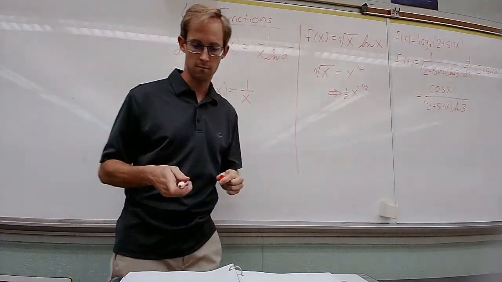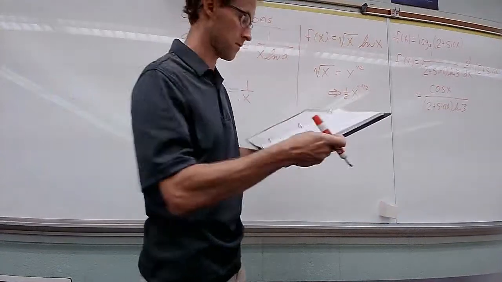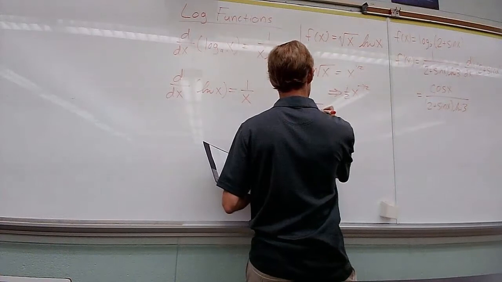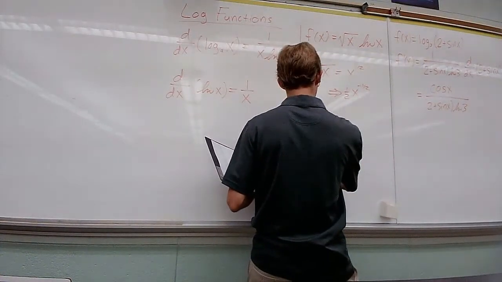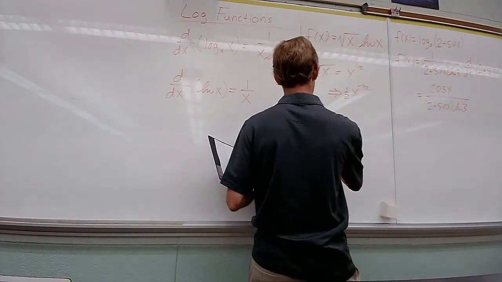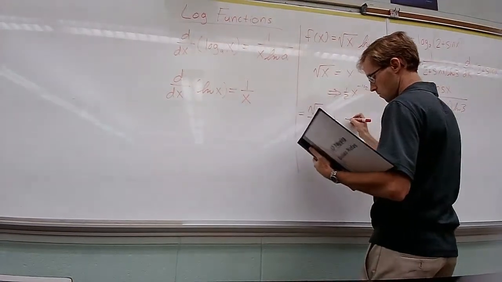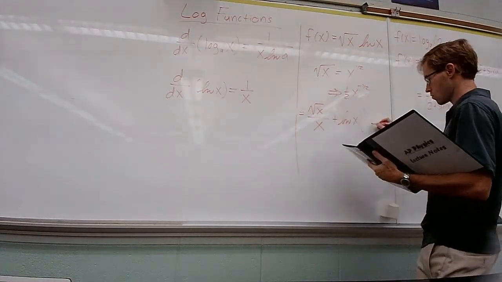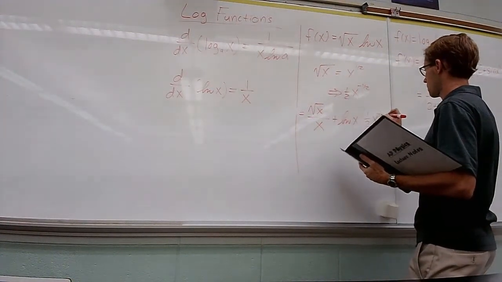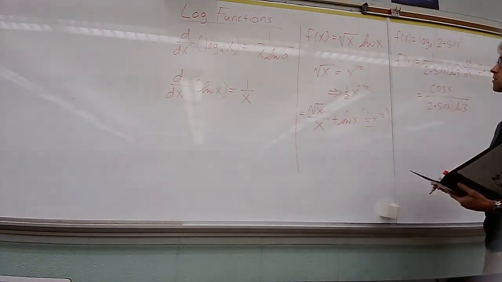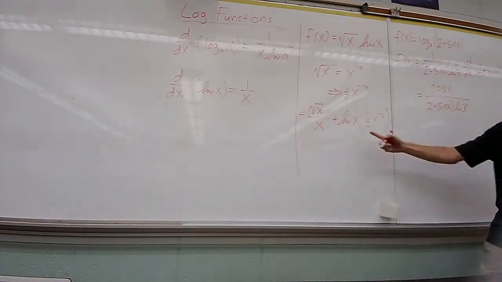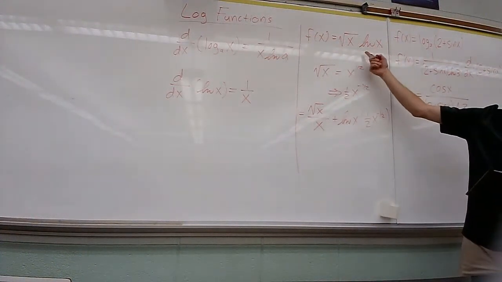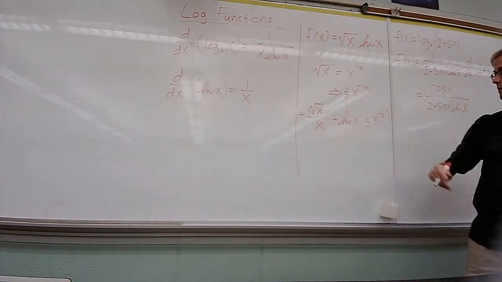I'll put the final answer on the board and then we'll call it for this one. This is what your final answer should be. This comes from 1 over x, when you take that derivative, times square root of x.